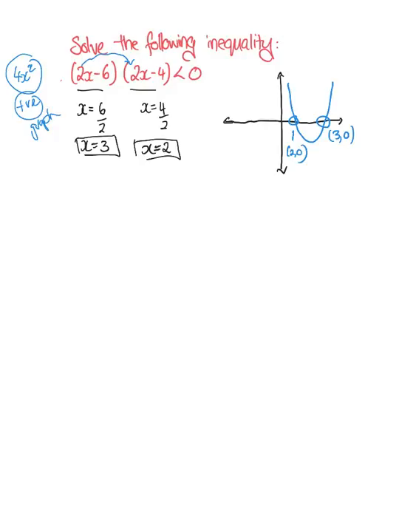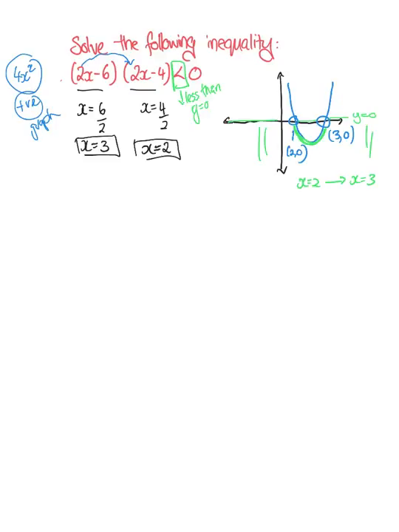If we look at the inequality sign in this one, we're asking when is it less than 0, so y less than y equals 0. Remember, y equals 0 is this line. So when is it less? It's down here. The part of the graph that is less than 0 is this part, anywhere between x equals 2 and x equals 3.